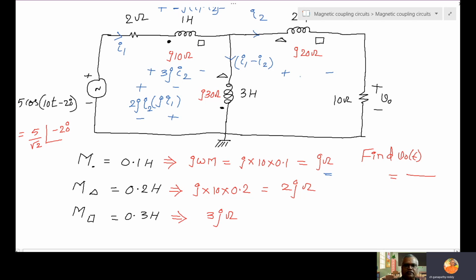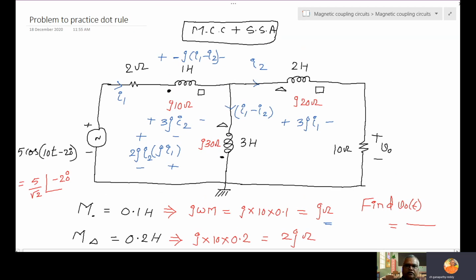The square reactance is 3j, so 3j I1. Next, because of I1 minus I2 entering at a triangle, assume sensing at a triangle. The triangle reactance is 2j into I1 minus I2. So every coil, two terms will come. They are mutually induced EMFs.